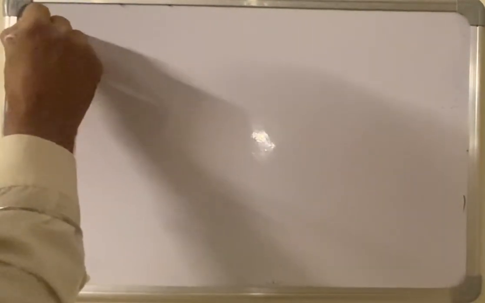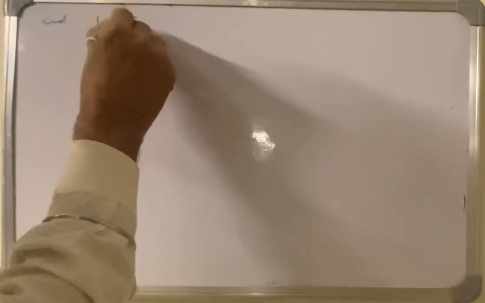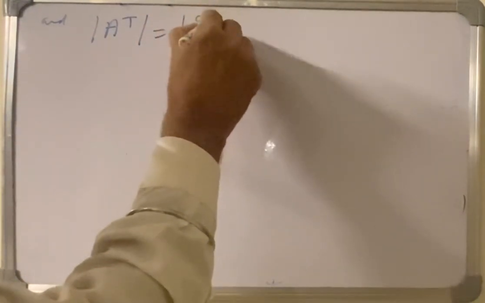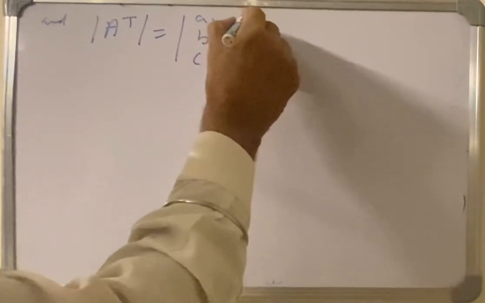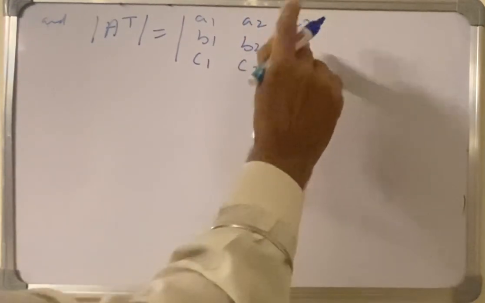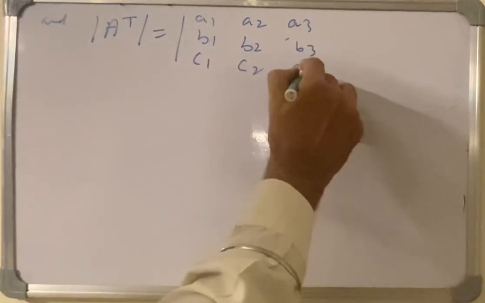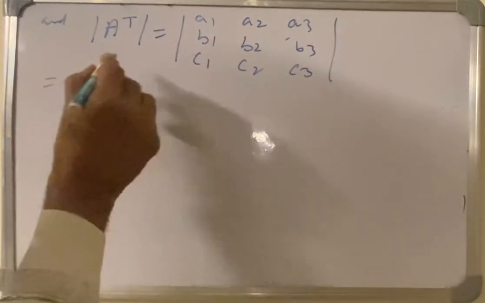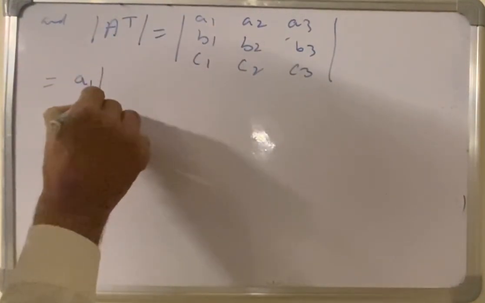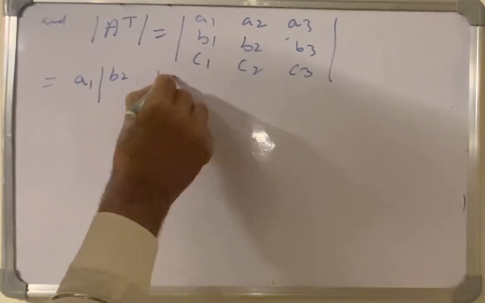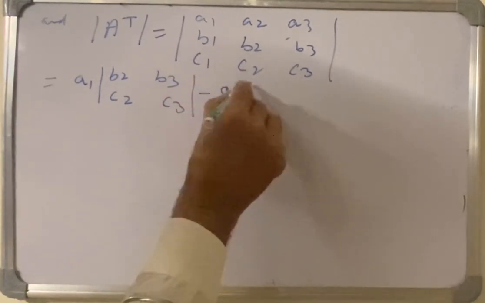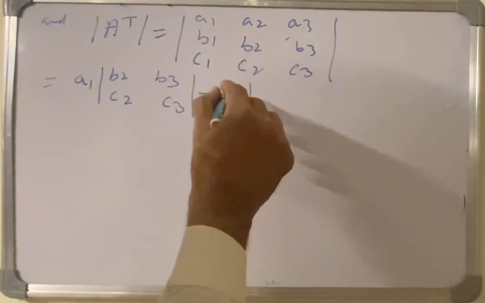Then the determinant of the transpose of A is A1 B1 C1 first column, A2 B2 C2 second column, A3 B3 C3 third column, which is equal to: first, (-1) raised to 1 plus 1 is positive, A1 into B2 B3 C2 C3, minus A2 because it is (-1) raised to 1 plus 2.